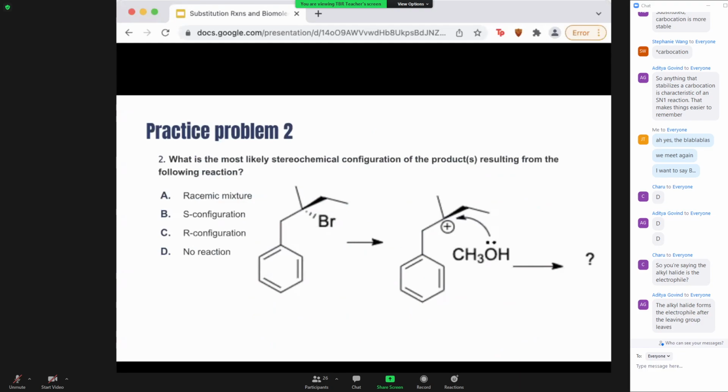Okay, number 2. What is the most likely stereochemical configuration of the products resulting from the following reaction? So I'll give that a couple minutes.